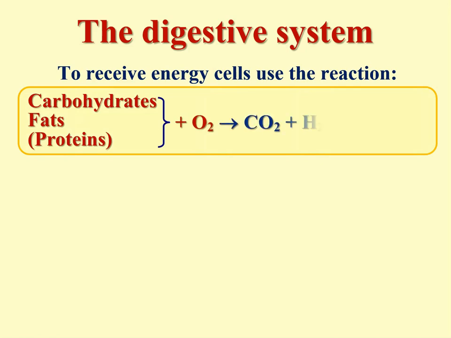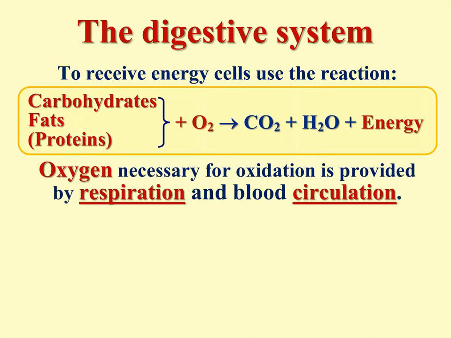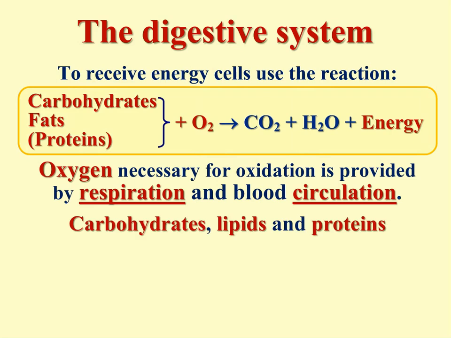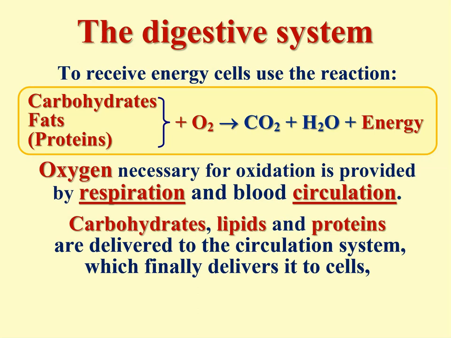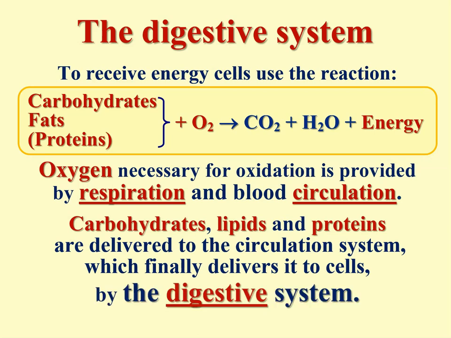Oxidation requires oxygen, and then final products are formed as a result, such as carbon dioxide and water, and of course, energy necessary for life. Oxygen necessary for oxidation is provided by respiration system, where oxygen enters blood, and blood circulation brings this oxygen to cells, while carbohydrates, lipids, and proteins, for all their functions to be performed, are delivered to the circulation system by the digestive system.